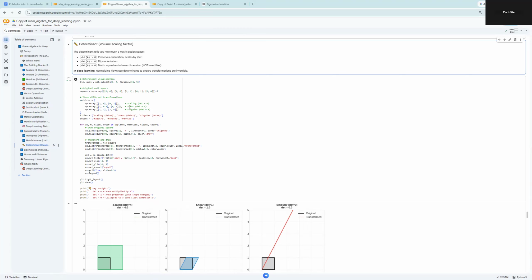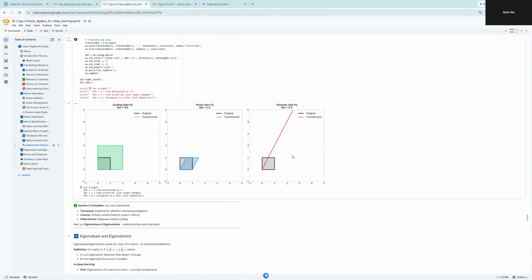When you have determinant equal to 0, that means on a certain dimension, it's squashed, it's flattened. You lose that dimension entirely, which means your area or your volume becomes 0.